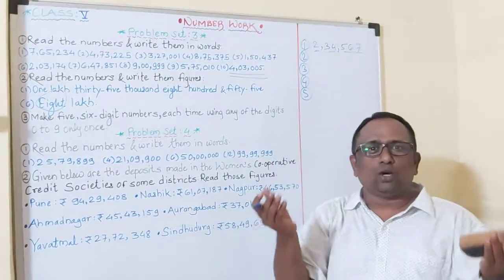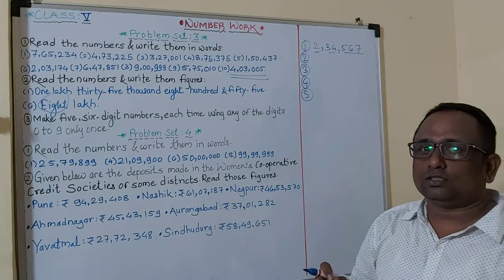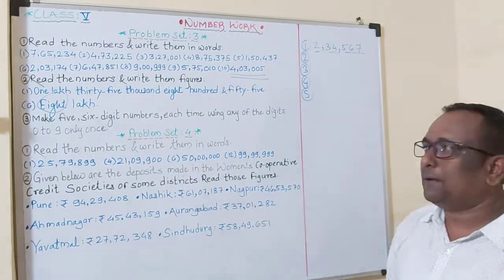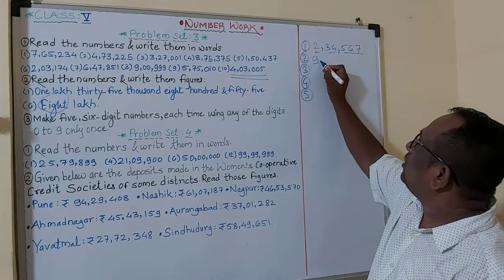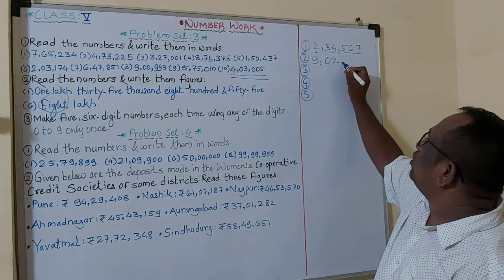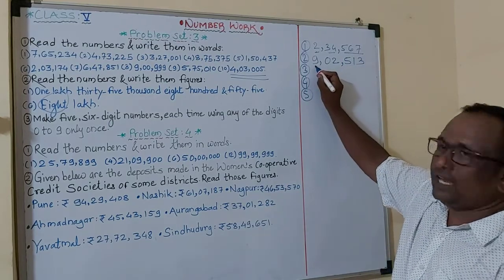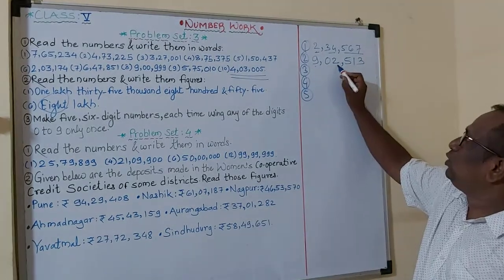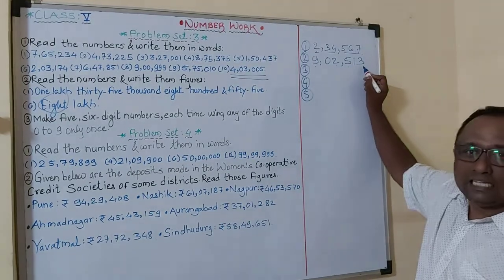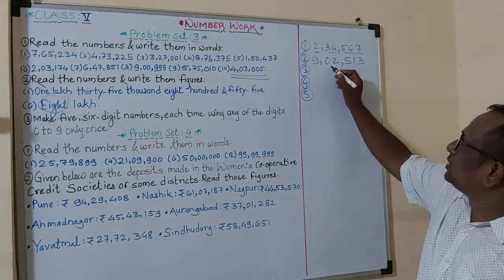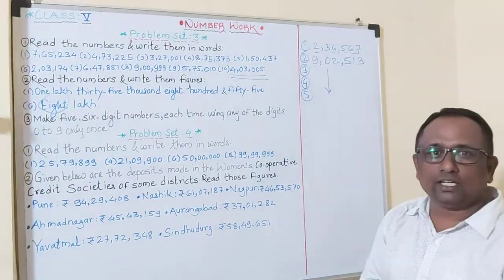Here you have to use your brain, your super brain. I know you are very talented students because you are my students. Next you choose any number, for example 9, 0, 2, 5, 1, 3. So 9,02,513. This way, students, you have to prepare the remaining numbers. I hope you understand this.